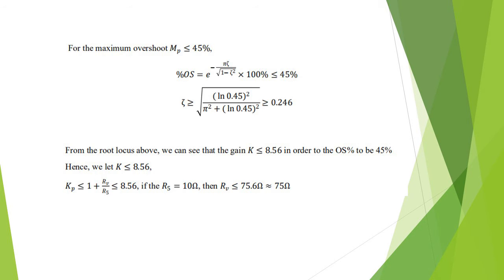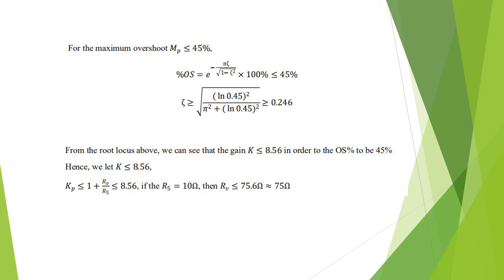From the root locus, we can set the damping ratio by using the maximum overshoot that has to be achieved, which is 45%. We see that the damping ratio required is 0.246.